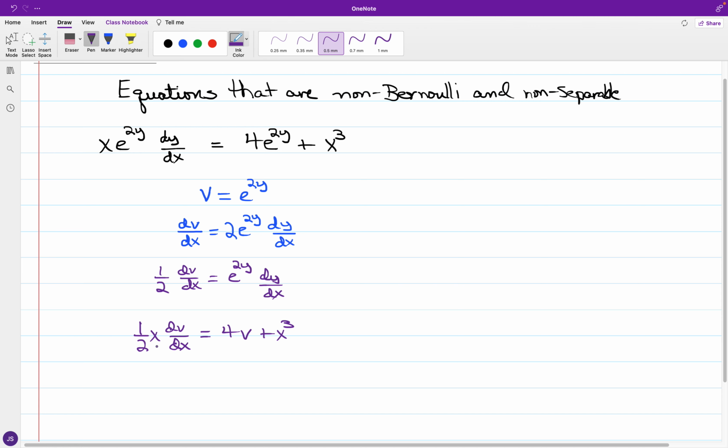Just cleaning things up here, if I take care of the coefficient 1/2 of x, I multiply by the reciprocal of x over 2, which is 2 over x.